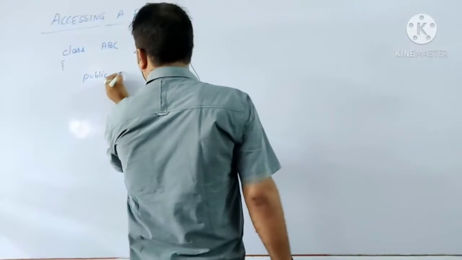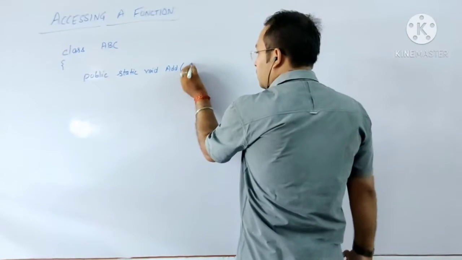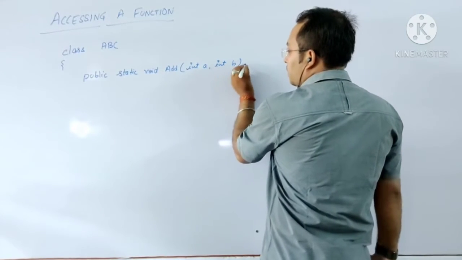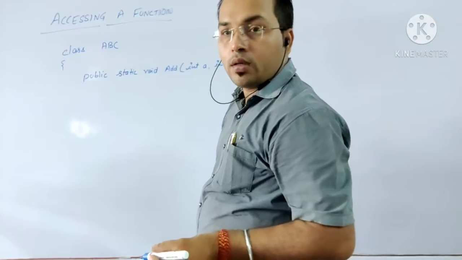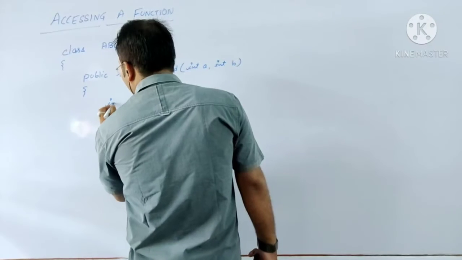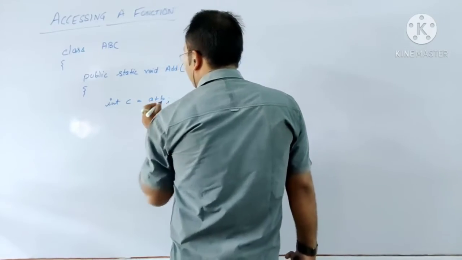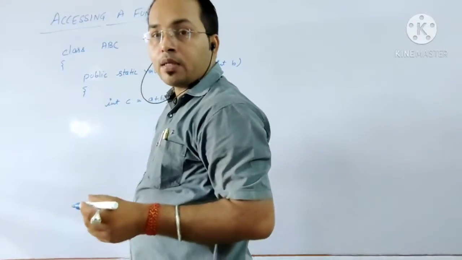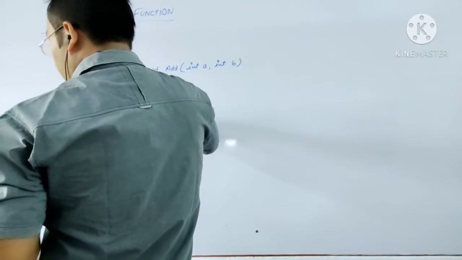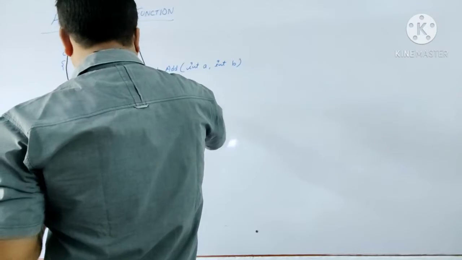In it you can pass two arguments, int A, int B, because in these you will take the values as input. Then int C equals A plus B. So when the values come over here, C will add these values. Clear to everyone?